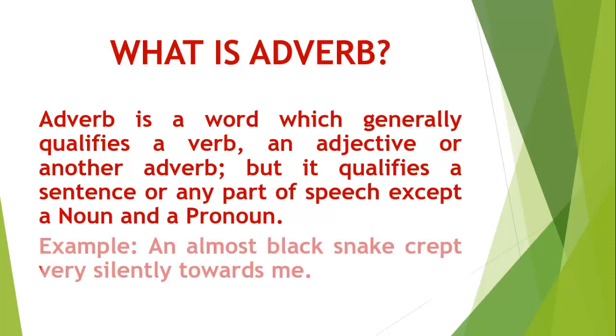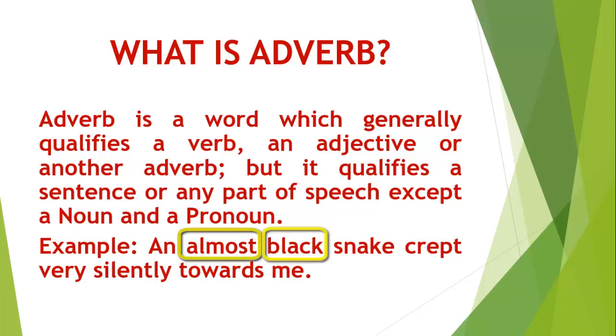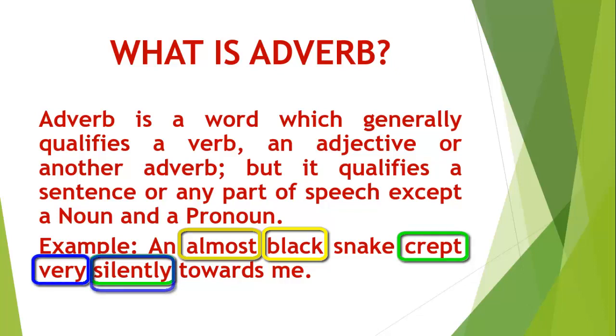Here is an example. An almost black snake crept very silently towards me. In this sentence, almost qualifies the adjective black, silently qualifies the verb crept, and very qualifies the adverb silently.